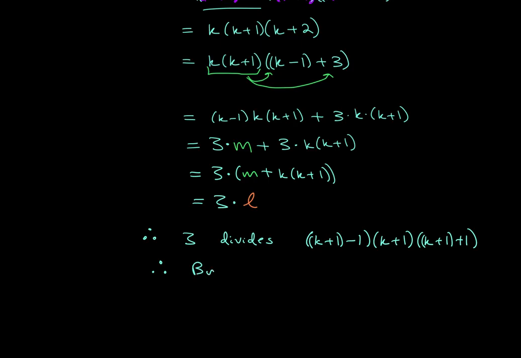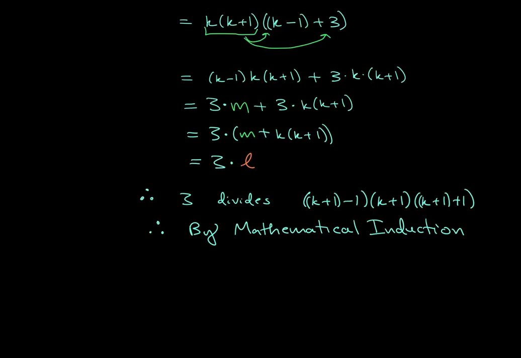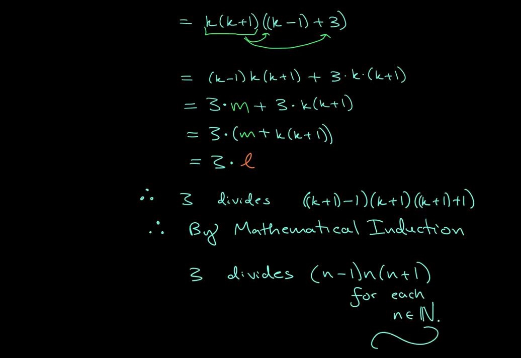By mathematical induction, 3 divides n minus 1 times n plus 1 for each n in the natural numbers. And that's it. Finish your proof.